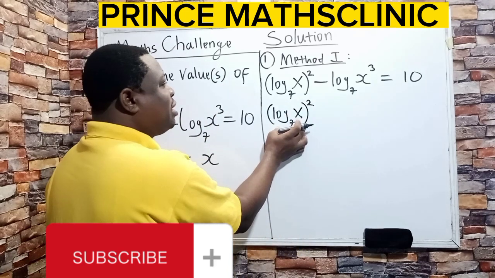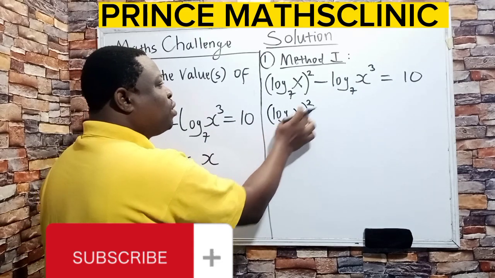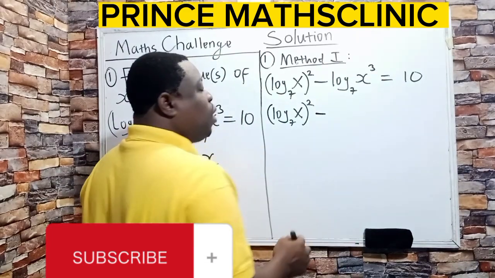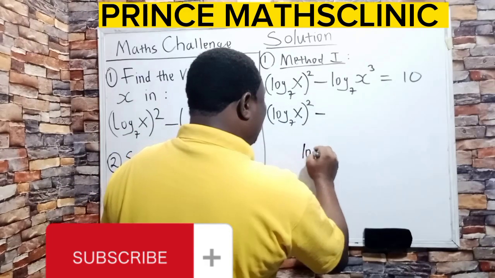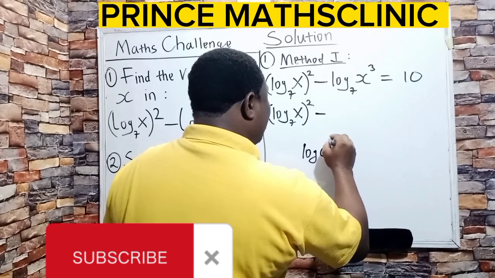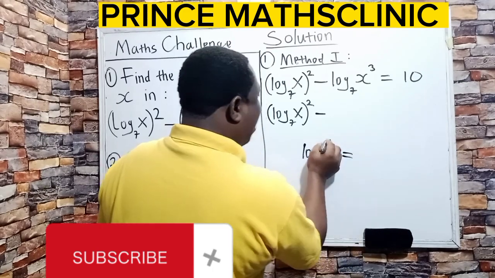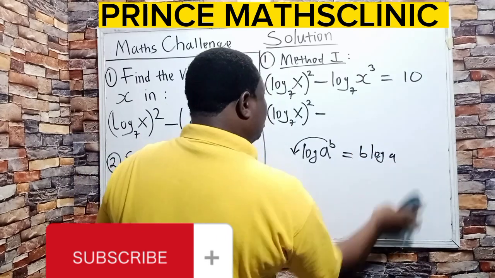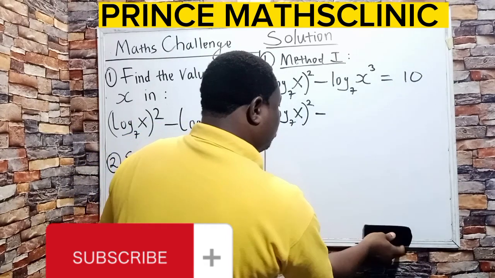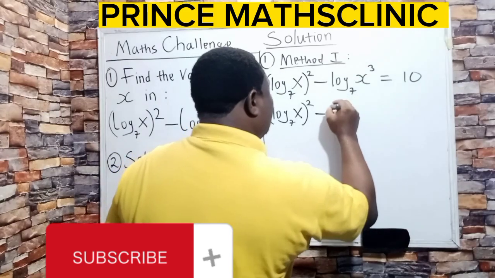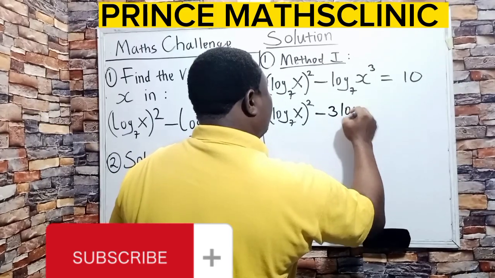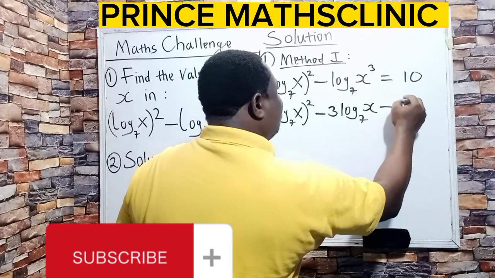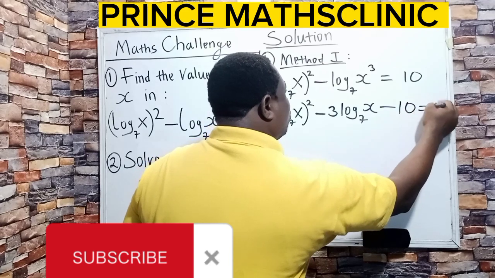What this implies is that log x base 7 is multiplied twice, minus... Now, going from the law of logarithm that says if I have log a to the power of b, the power multiplies the log, which becomes b log a. In this law, this will become 3 log x base 7. Then I'll move this 10 here. It becomes negative, equal to what?